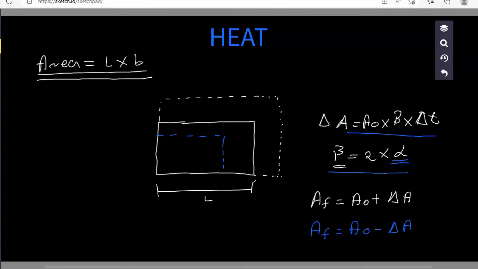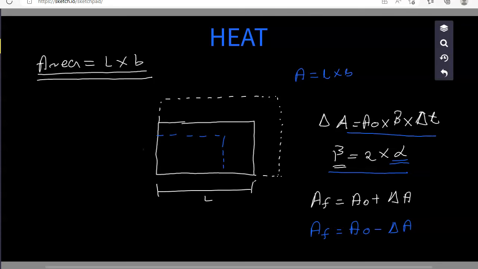It's not a lot. You just need to know how to calculate the final area or the final length if you are dealing with linear expansion, how to get the change in area or how to get the change in length if we are dealing with linear expansion. And you must know that area is equals to length times breadth.